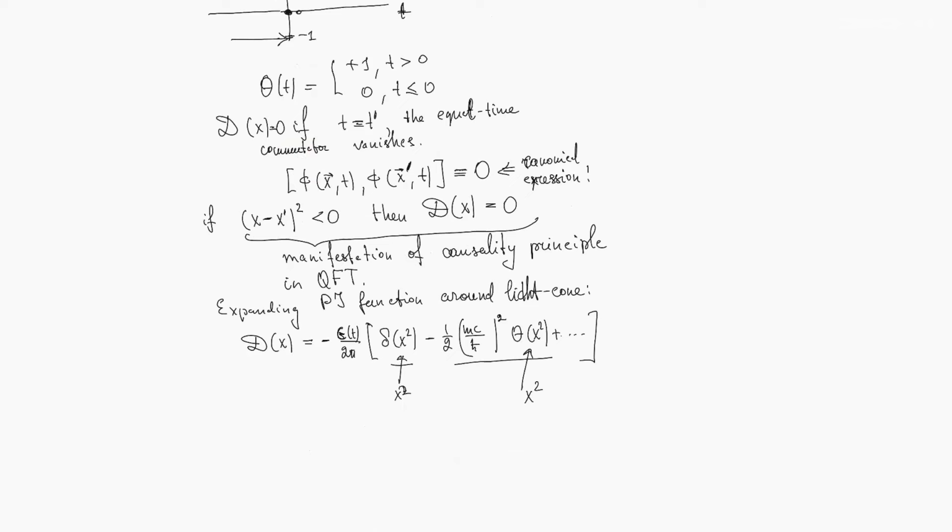So passing through the light cone, D of x experiences singularities of two types. One of them is just a delta function singularity, and the second type of singularity is a finite discontinuity, given by this function theta of x squared.